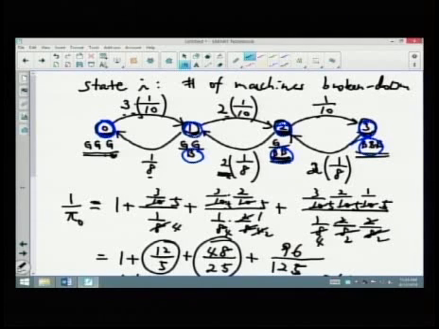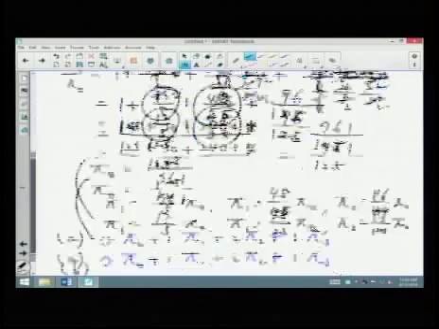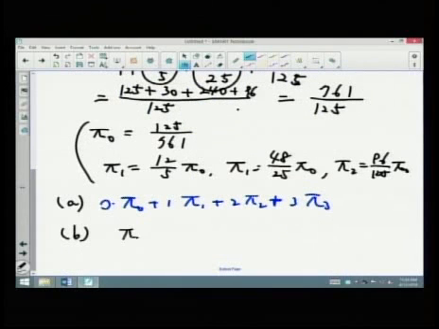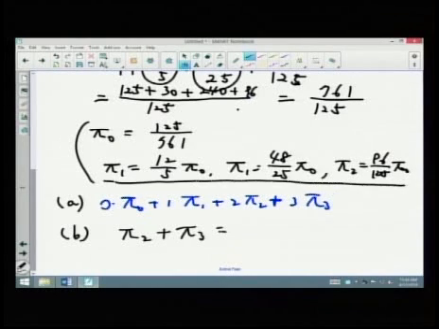So how do you answer? Pi 2 plus pi 3, right? So once you get each pi value, these are a piece of cake, right? Any questions? Okay.